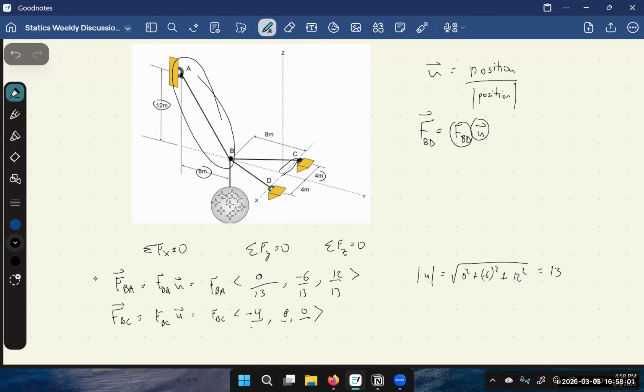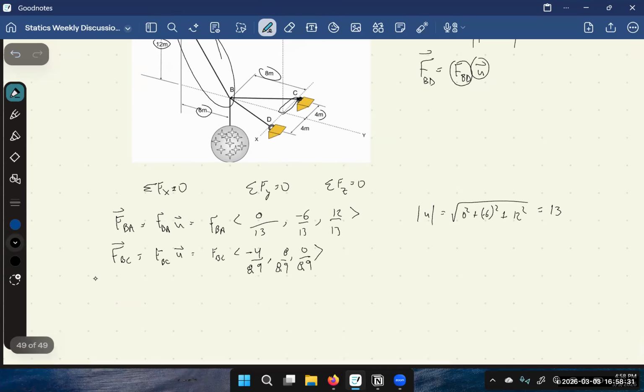There is 8 in the y. From B to C, there's a gap of 8, so it's +8, and then there's a 0 for the z axis. And if you do the magnitude of -4 squared plus 8 squared plus 0 squared, it's 8.9.